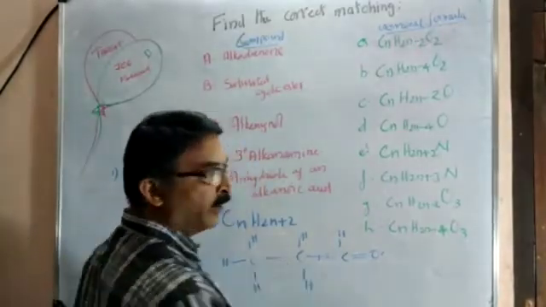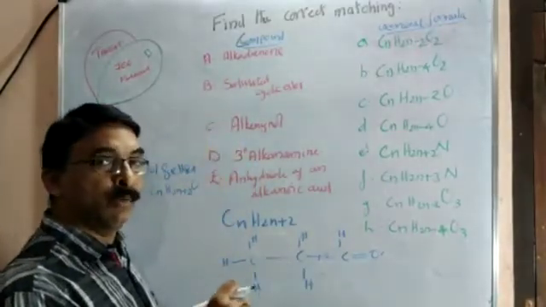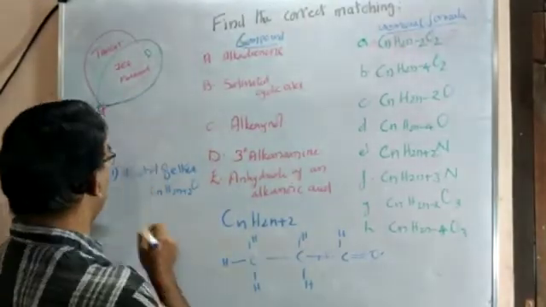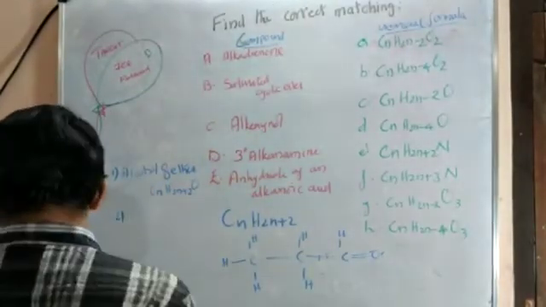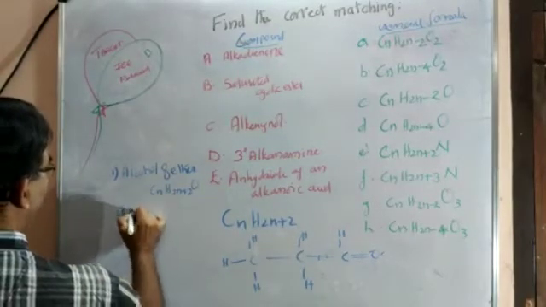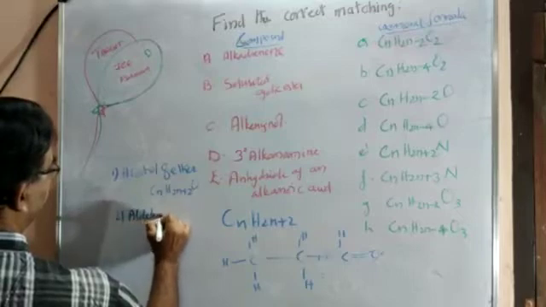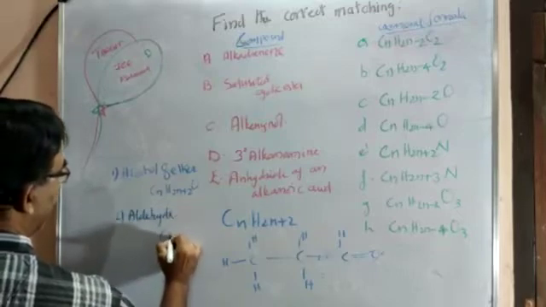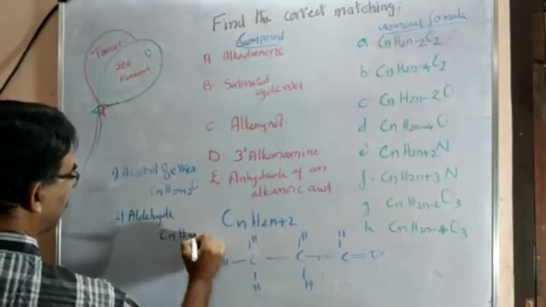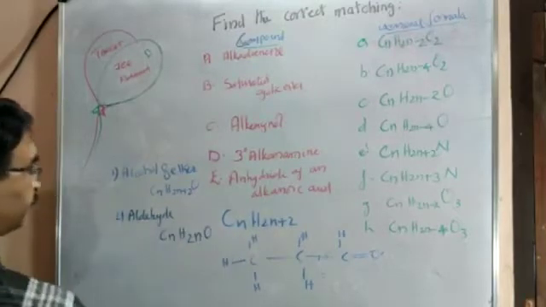Its formula will be CnH2n+2-2O, meaning CnH2nO. These are the basic points one has to remember. Aldehyde: CnH2n+2-2, meaning CnH2nO.